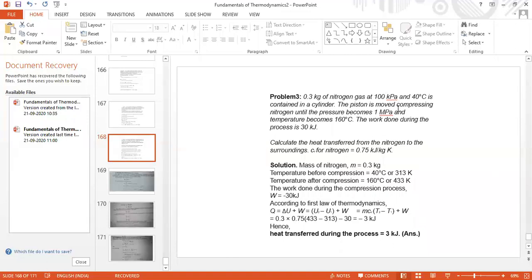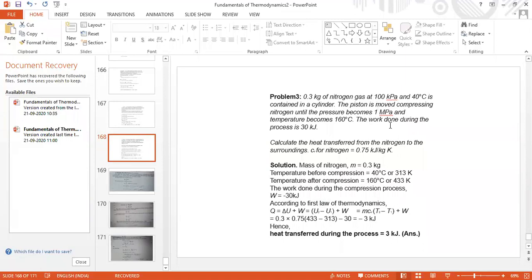Initially, before compression, the pressure is 100 kilopascal and temperature is 40. So temperature before compression 40, temperature after compression 160.